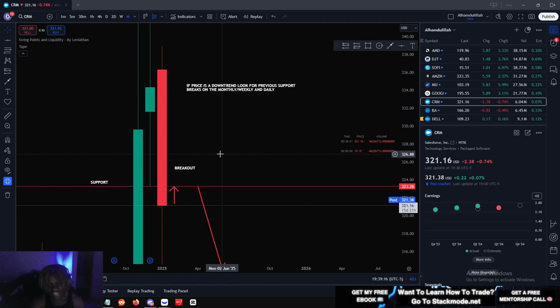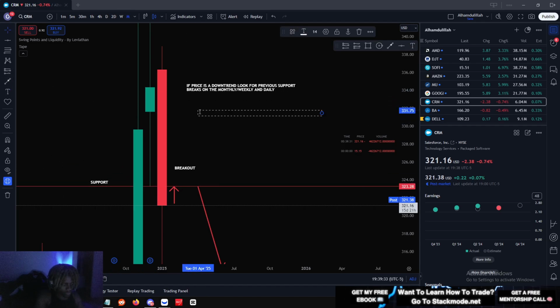So if price is in a downtrend, which means this red candle, look for previous support breaks. If price is underneath here and price broke this support, this is a previous support break, because it already happened. Just look for breakouts that already happened. Look for breakout entries that already happened on the higher time frames.